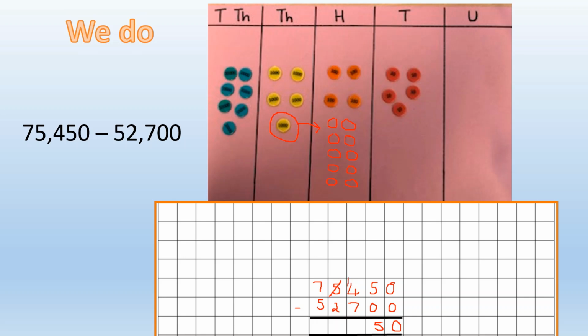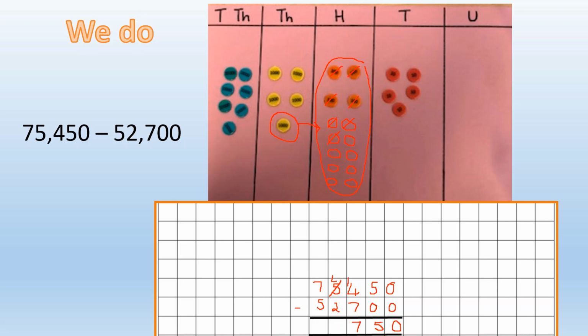So that will now be 1,400, which you can see here. 1,400 is the same as 14 hundreds. 14 hundreds take away 7 hundreds. 1, 2, 3, 4, 5, 6, 7. We know we'll be left with 7 hundreds.